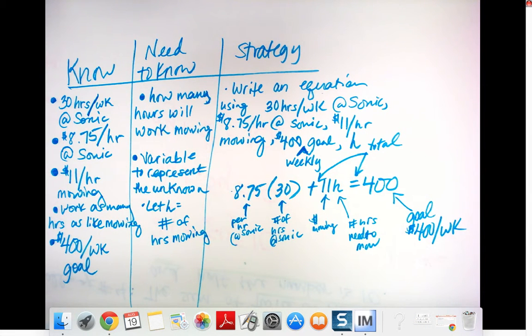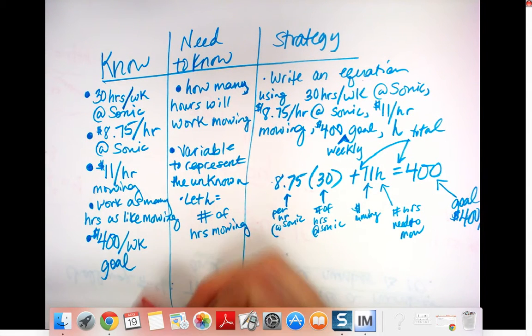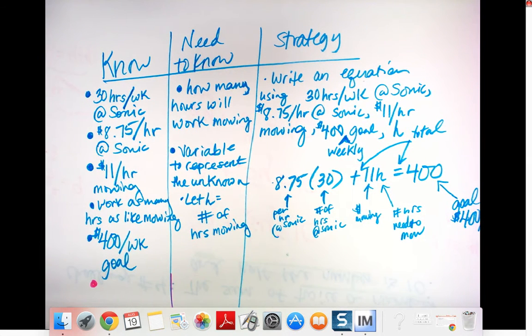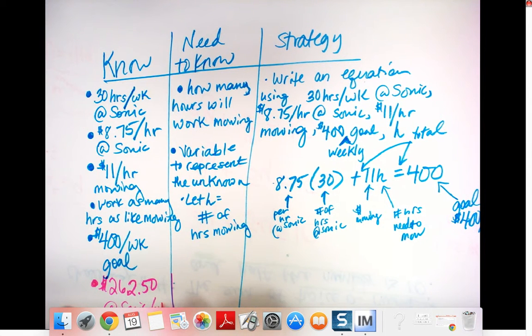So another way somebody wrote this is they went ahead and calculated how much money they made at Sonic. So somebody told me, well, we also know that you make $262.50 at Sonic, and that's per week.